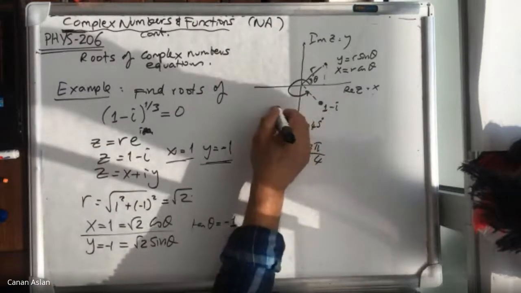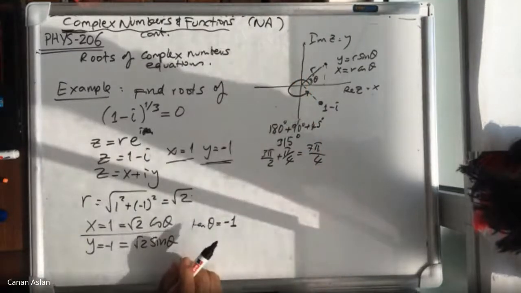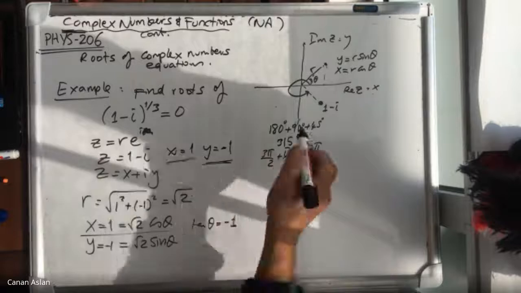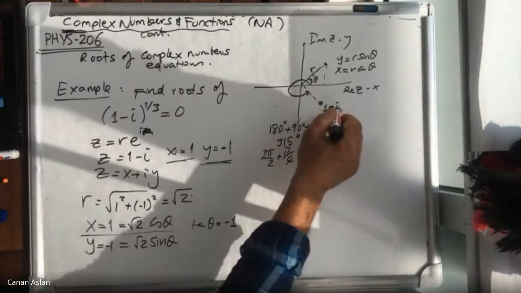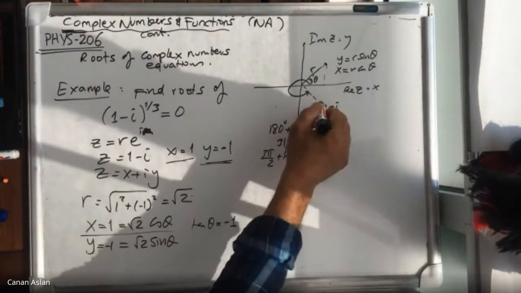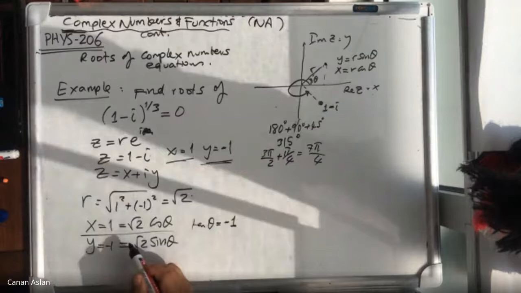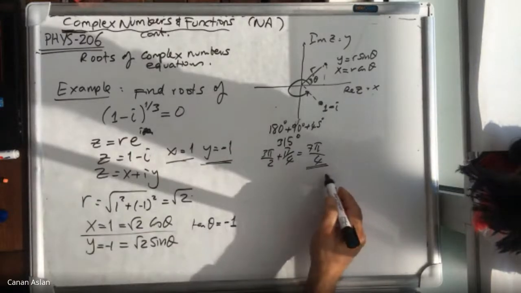Here, tangent theta is positive. Here, tangent theta is also negative, but we have to have a y value which is negative, but an x value which is positive. So this is the only quadrant we have here. So this is the reason that we get this angle. So this is the angle that we obtain.